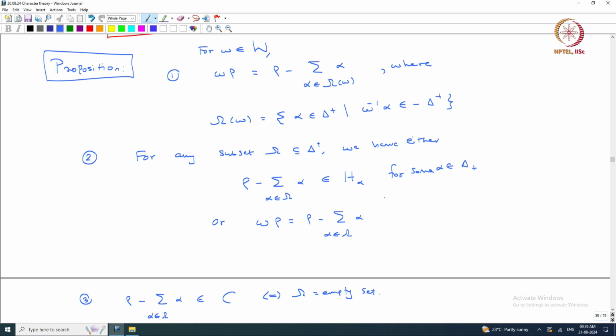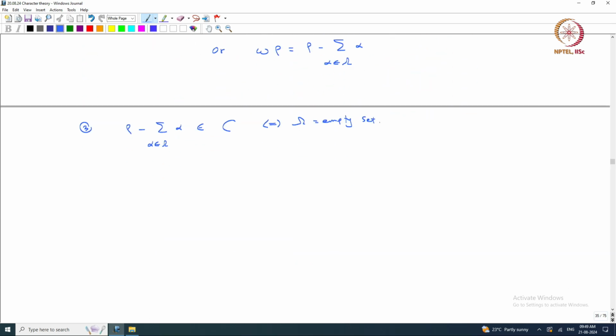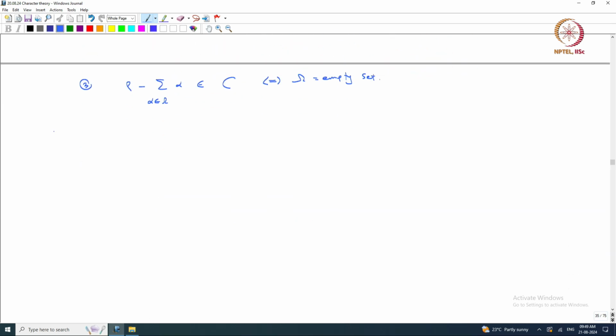Now let us look at the first statement. The first statement can be proved in many ways. If you know the length of W, which is the same as the cardinality of omega of W, you can use induction on that and then prove this. We are not going to see that proof. Proof of 1.